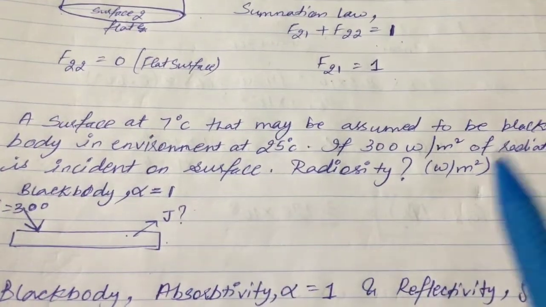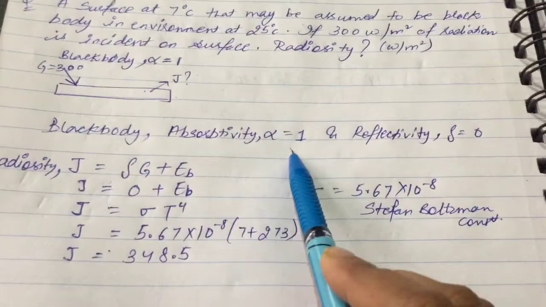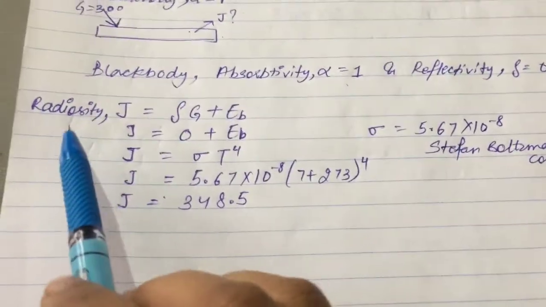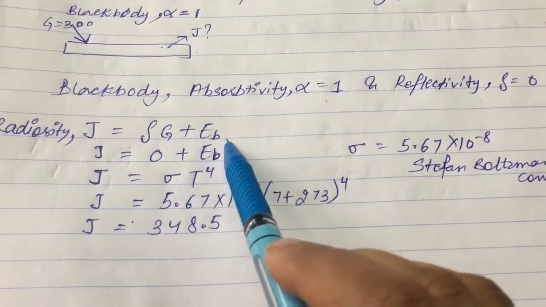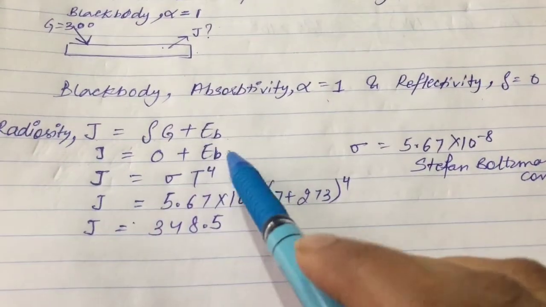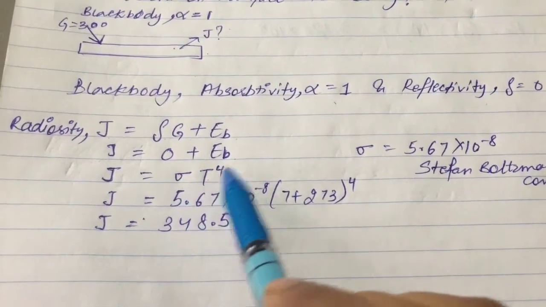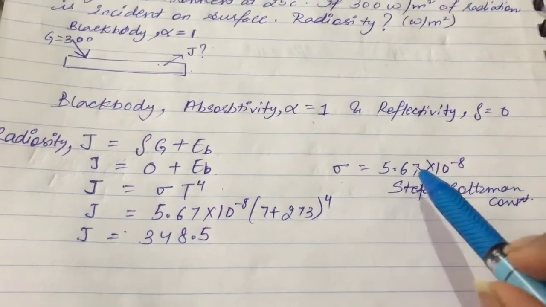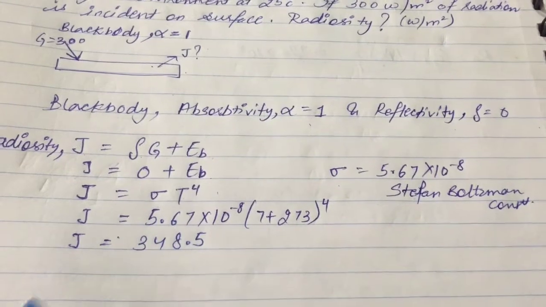So we know that for a black body, alpha, that is absorptivity, is equal to 1 and reflectivity rho is equal to 0. For radiosity we know J is equal to rho G plus EB, energy of black body. For a black body rho is 0 and EB we can calculate from sigma T to the power 4, where sigma is the Stefan-Boltzmann constant, 5.67 into 10 to the power minus 8.